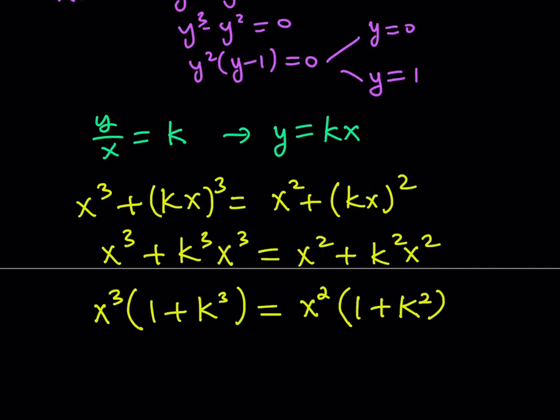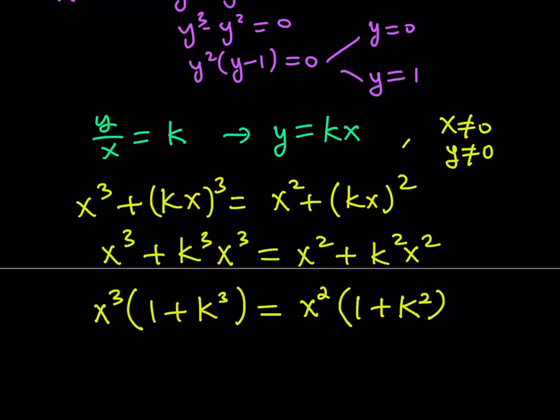Beautiful. Now, we know that x does not equal 0. I think I should also write that down. Suppose x does not equal 0 and y does not equal 0. Okay? Now what happens if you look at this equation? One of the things that you might be thinking about is, can k equal -1?